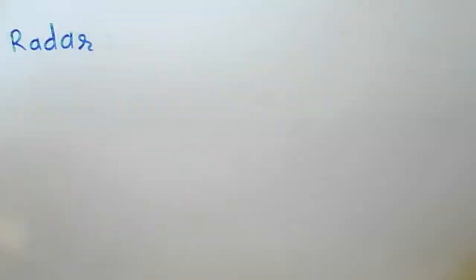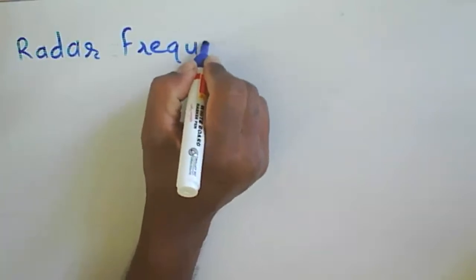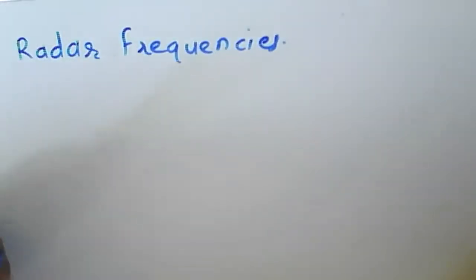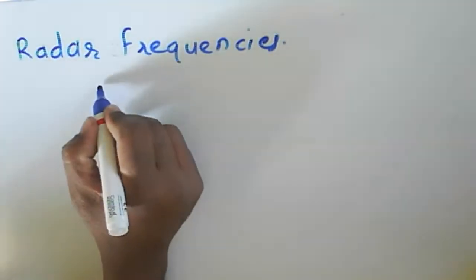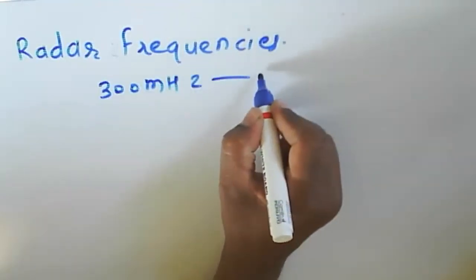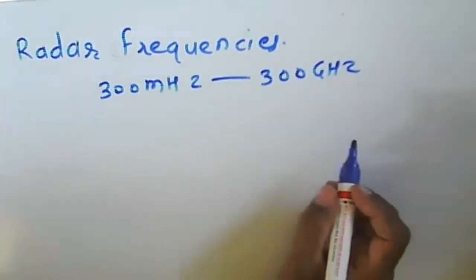So that is about the radar and the radar block diagram. And we have mentioned earlier the frequencies we have used. Radar frequencies are mostly in the microwave frequency range, 300 megahertz to 300 gigahertz.